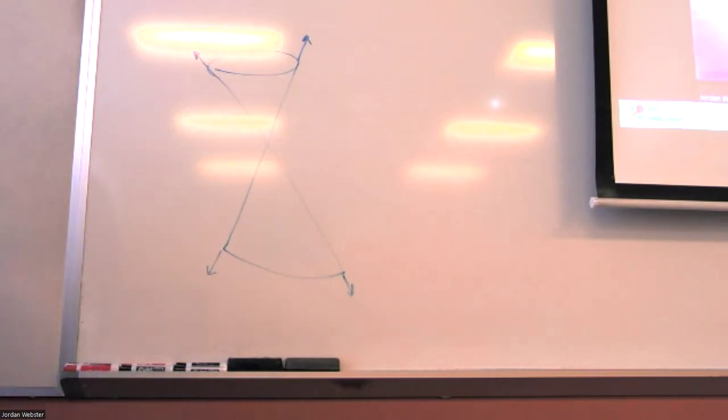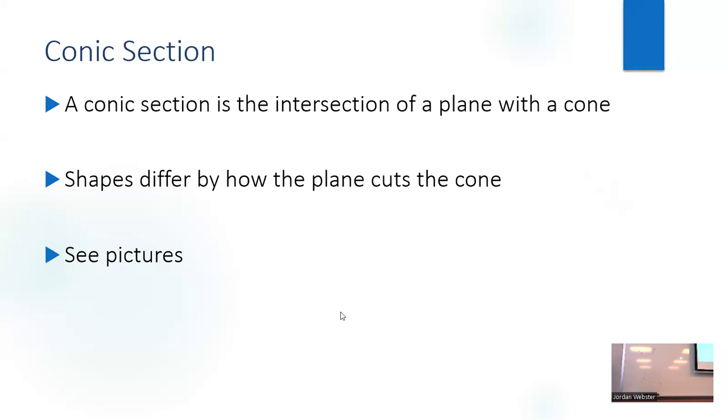And that image is going to be our conic section. All right. So those images are going to be different shapes, and it's going to depend upon how the plane cuts the cone.